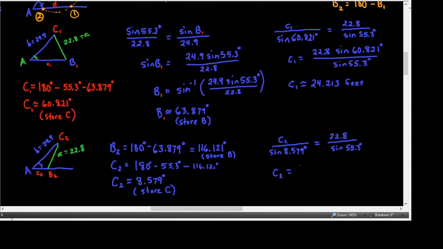So to solve for C2, I'm going to multiply both sides by the sine of 8.579 degrees, which I'm not going to type, I'm going to pull it up from memory, divided by the sine of 55.3 degrees, and so C2 comes out to be approximately 4.137, and what are its units?